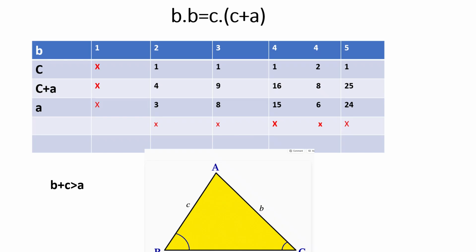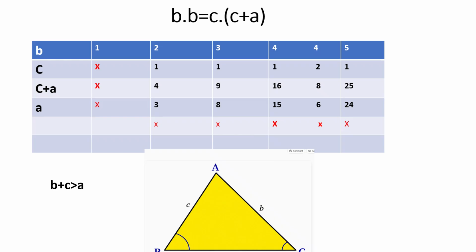If b is equal to 1, which is the length of the triangle, it is impossible because it was told in the problem they are all natural numbers, and it is not possible for 1 to become c times c plus a. So it has no answer. If b is equal to 2, then b squared is equal to 4, and the only possible case would be c equal to 1, and c plus a is equal to 4.